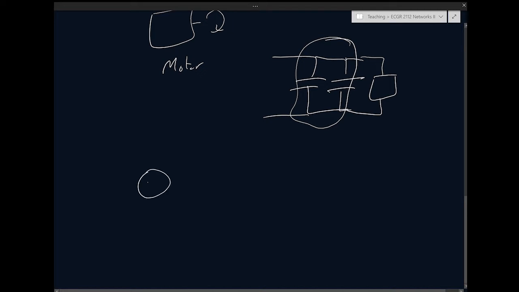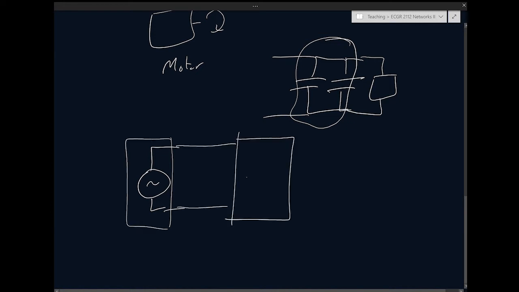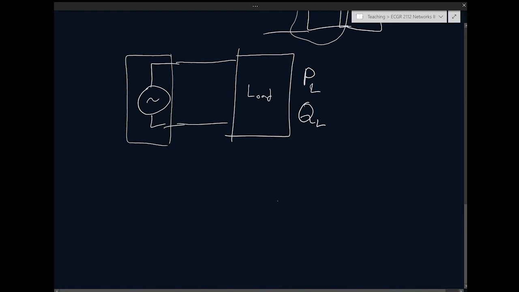Okay, so we have the source, whatever it is, and then I have my load. My load is consuming some real power PL, and it's consuming some reactive power, right? And then if I go to the complex plane, this is S load, let's call it S old.